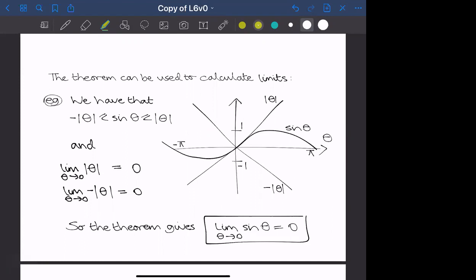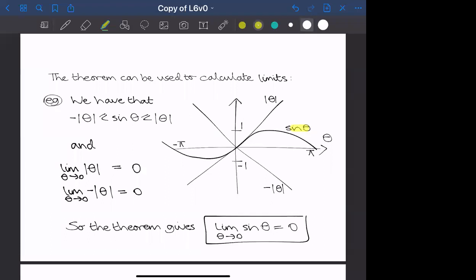So let's first say what a limit is, just in words. Just remind ourselves what we're talking about. Well, let's look at this function sine theta, a function of theta.